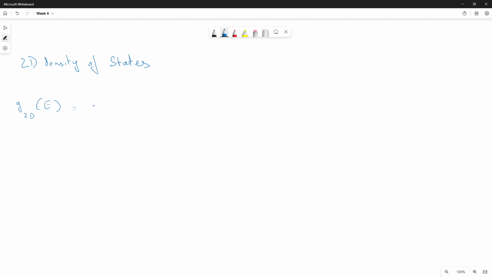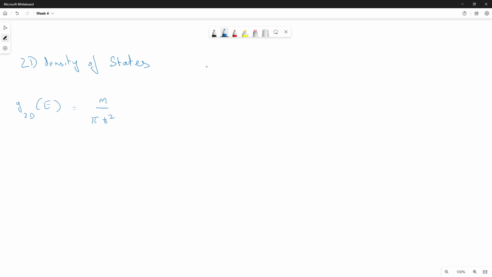And other people are also welcome to answer. So for 3D, g(E) is equal to m star. No, I'm asking for 2D. The question was for 2D, right? Yes, sir. g(E) for 2D is equal to m upon pi reduced Planck constant squared. So m upon pi h bar squared.